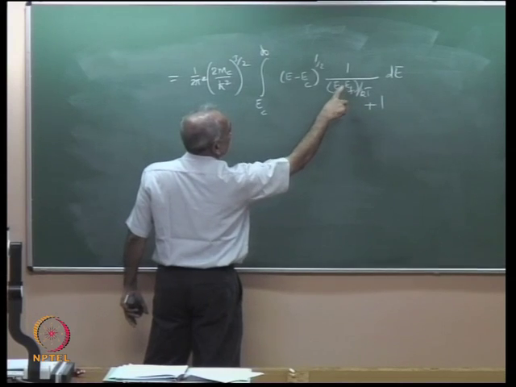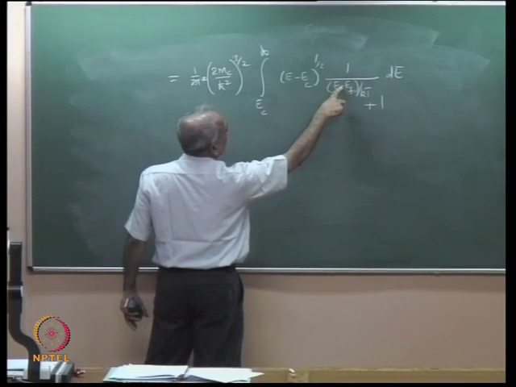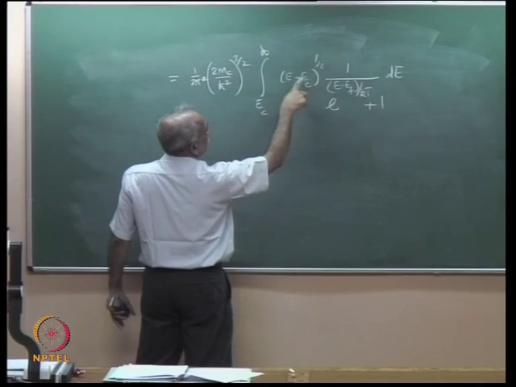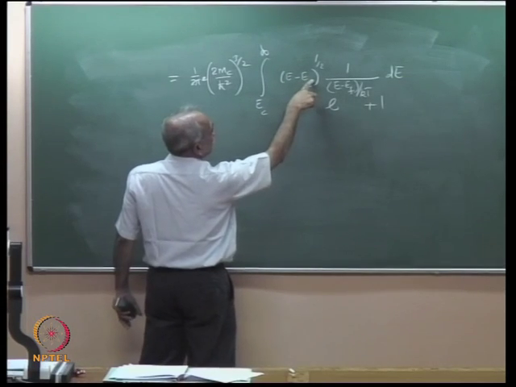You add and subtract EC in the denominator, and divide by kT.